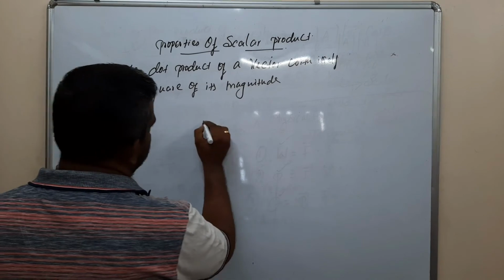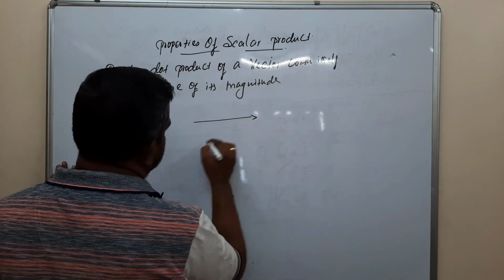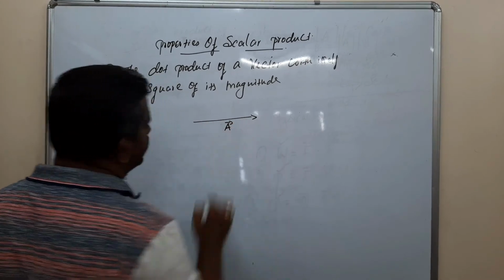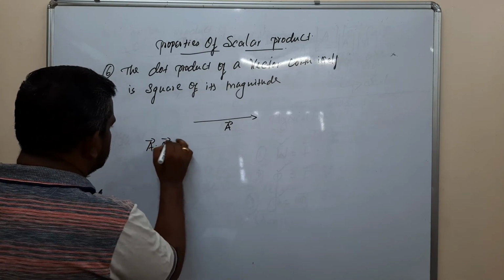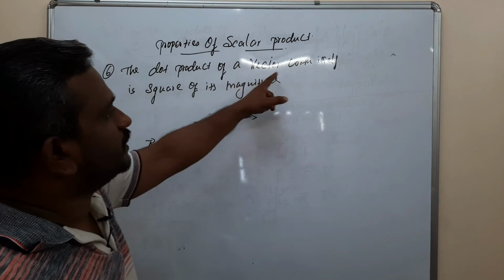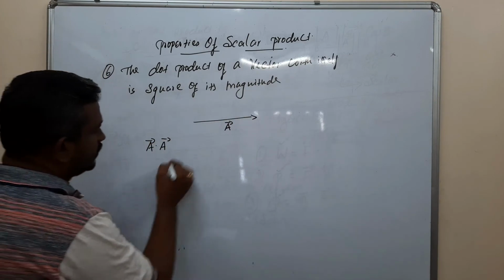That is, we have a vector, A vector. We have to find A vector dot A vector, the dot product of a vector with itself.